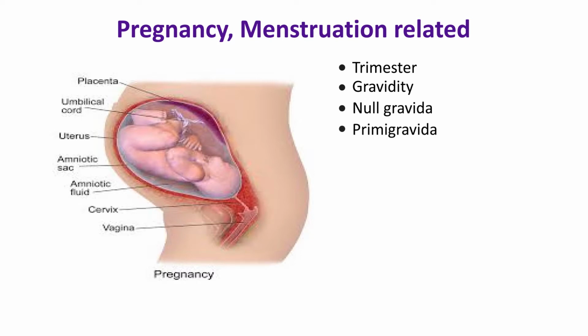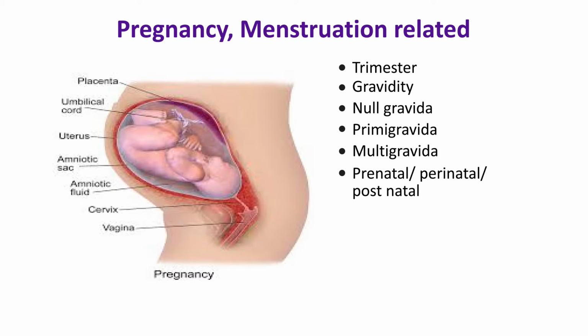Primigravida means first pregnancy, while women with subsequent pregnancies are called multigravida, because the prefix multi means many or more than one. Prenatal means before birth. Perinatal means during birth, and after birth is postnatal. Miscarriage or abortions are terminations of pregnancy before normal term.